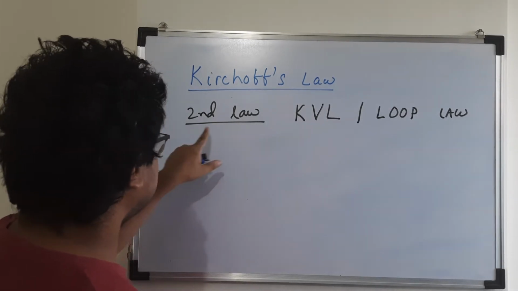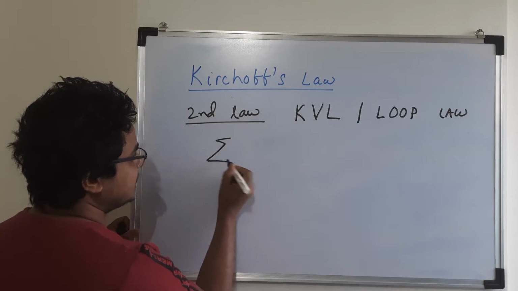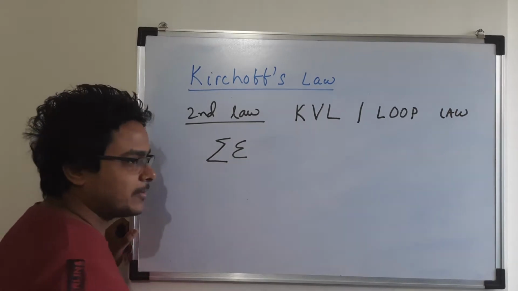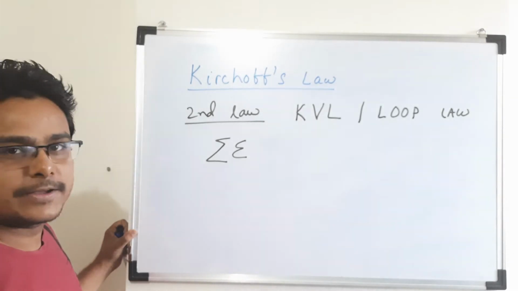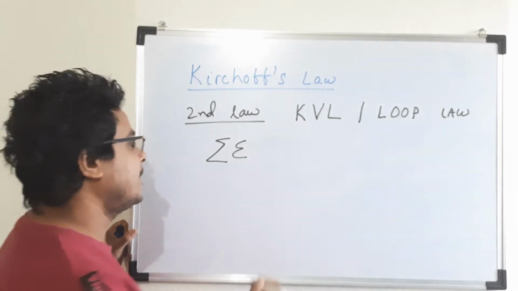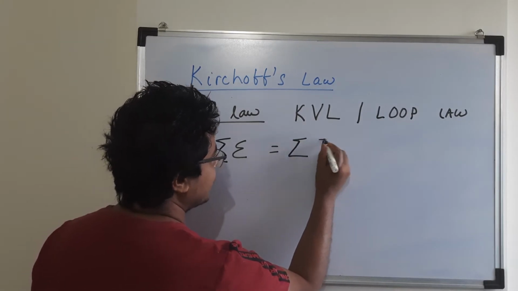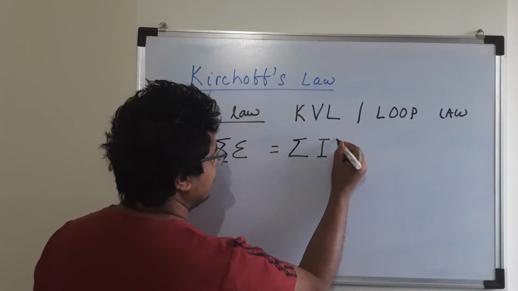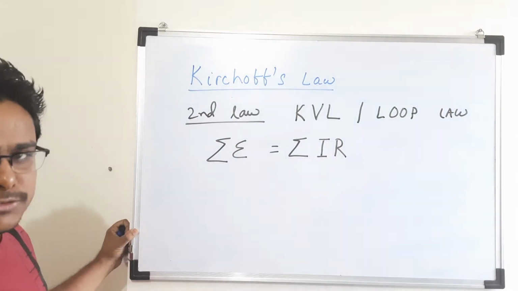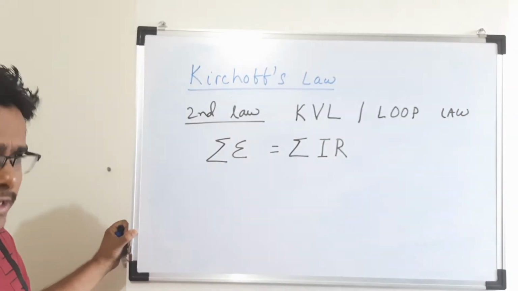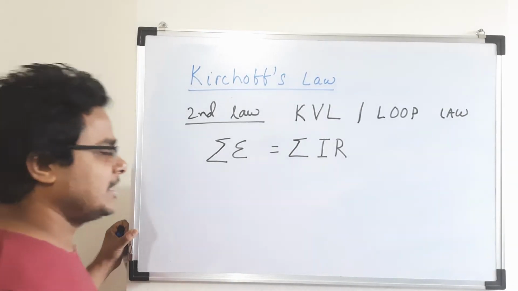What this second law says is that the sum over all the EMFs in the closed loop of a conducting circuit must be equal to the sum over the potential drops across each electrical component. Every electrical component will have some resistance, you can consider a resistor or any other component having resistance.